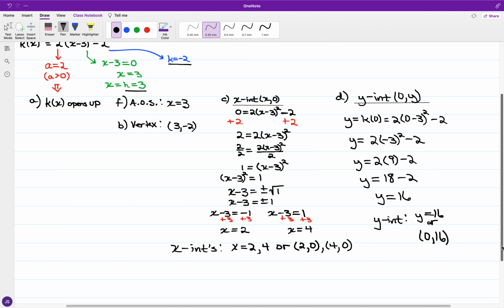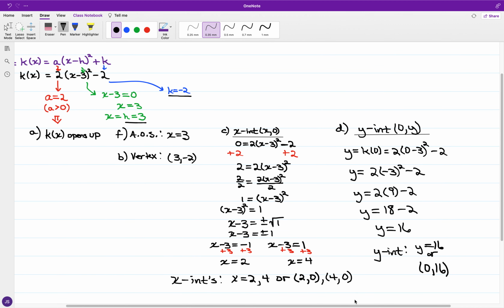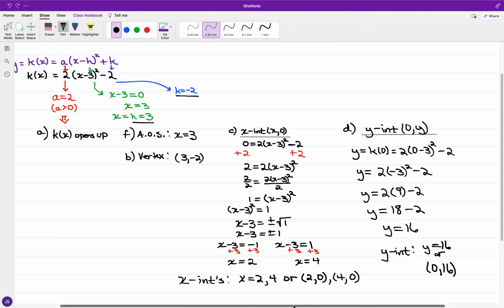All right, so we have at least 4 key points. We have the vertex, which we have at 3, -2. And again, we have a couple of x-intercepts with 2, 0 and 4, 0. And of course the y-intercept, which we have at 0, 16.